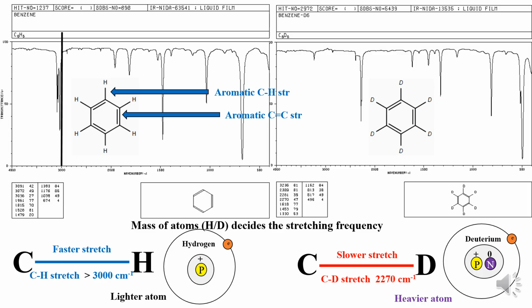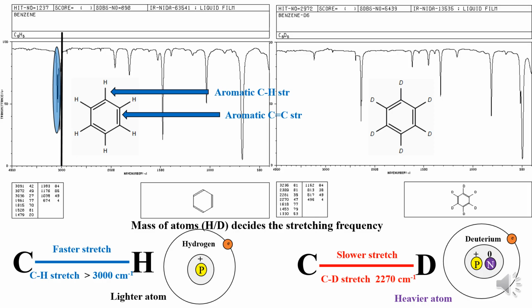So let me draw a reference line at around 3000 centimeter inverse. Now this reference line that is drawn at around 3000 centimeter inverse differentiates the aromatic CH stretching from aliphatic CH stretching. Now aromatic CH stretching occurs at wave numbers greater than 3000, while aliphatic CH stretching occurs at wave numbers lower than 3000 centimeter inverse.